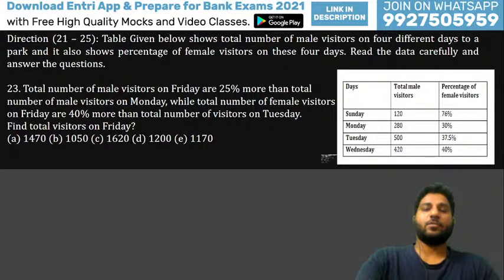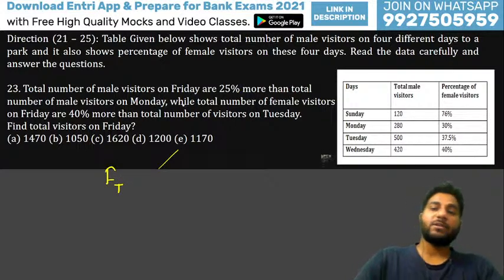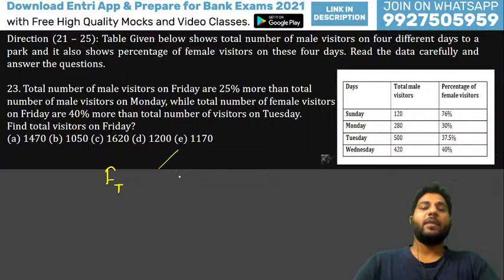The next question says that the total number of male visitors on Friday is 25% more than the total number of male visitors on Monday. So 5:4 it will become.